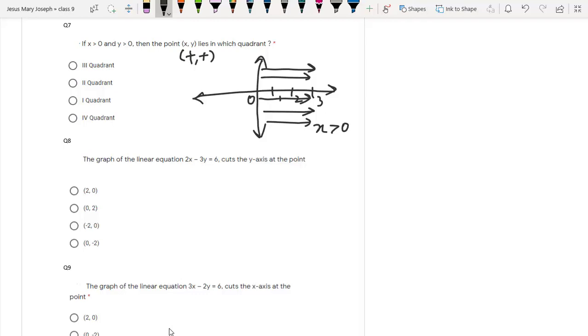If someone says y is more than 0, for that you can take these values, because in these values y is always more than 0, because it is 0, it is 1, 2, 3. Now if you observe, the common area of x more than 0, y more than 0 is coming in the first quadrant only, so the answer is first quadrant.